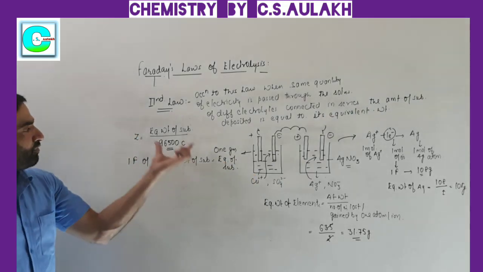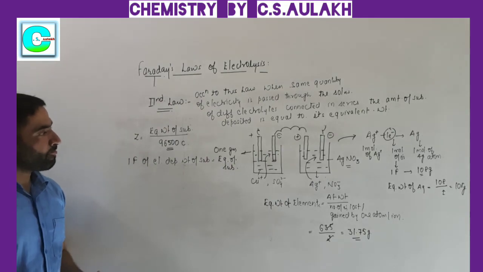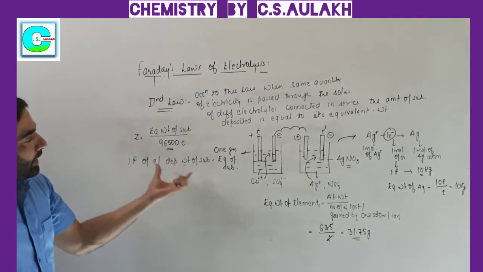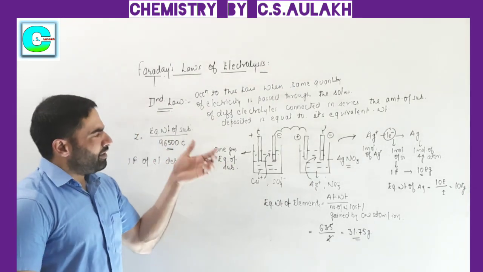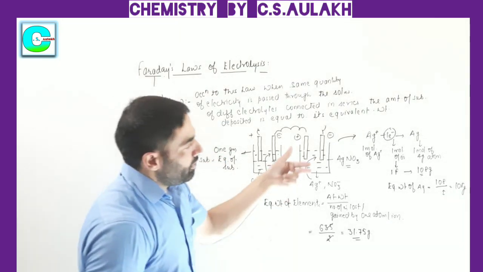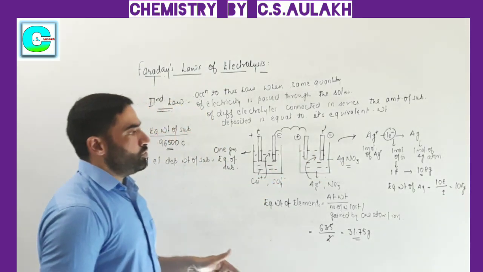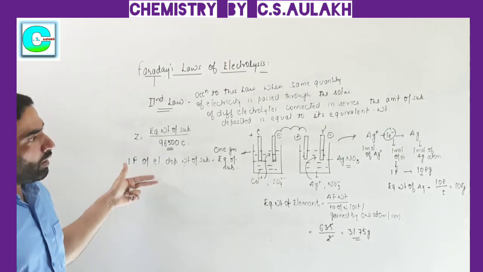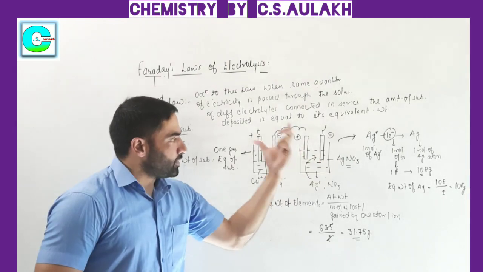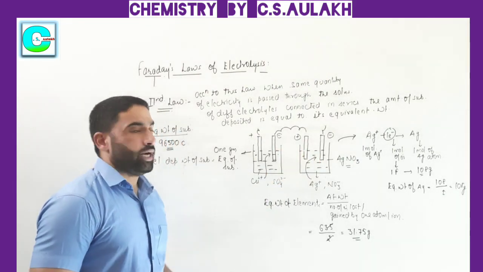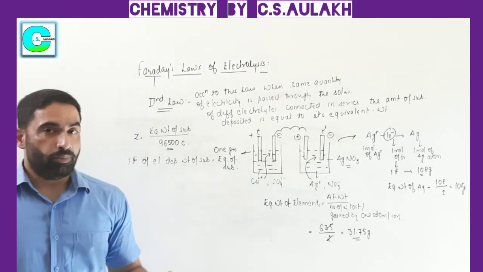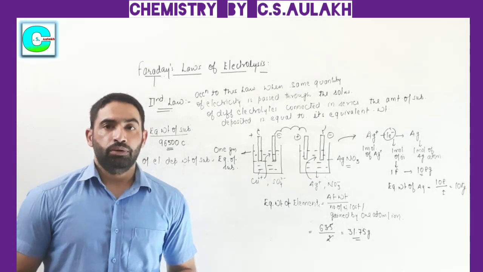So with the help of this we have derived this relation. Similarly, we can have other short methods which are very useful in objective questions for the calculation of the weight of the substance deposited over the surface of electrodes. This we will discuss in the numerical section of this video.